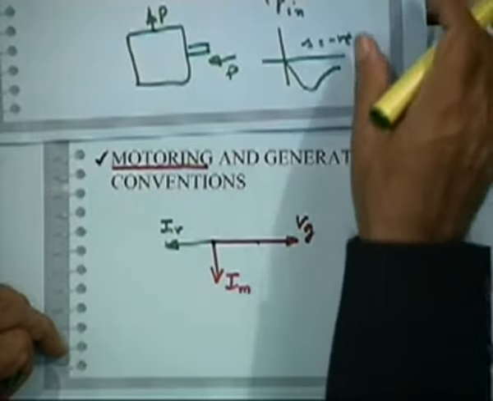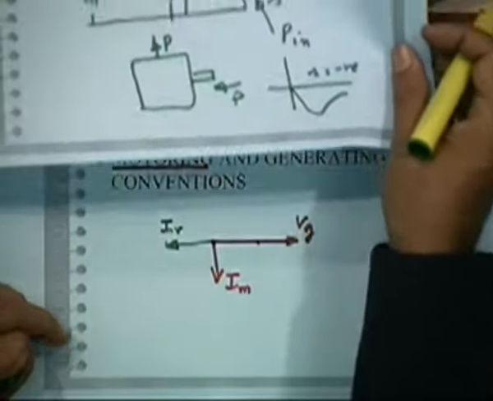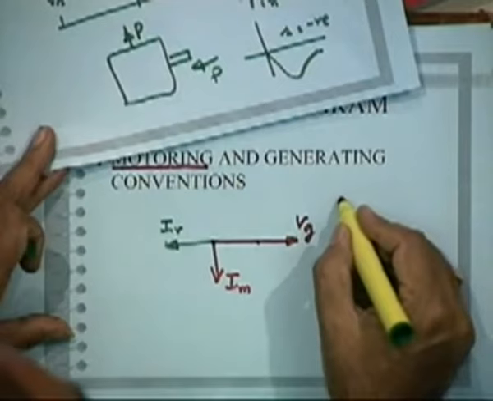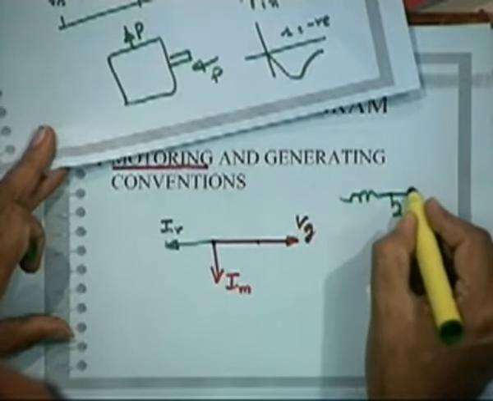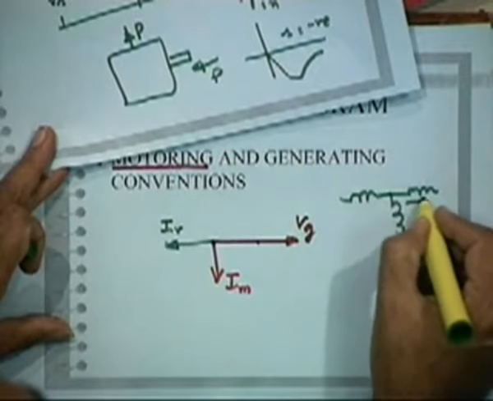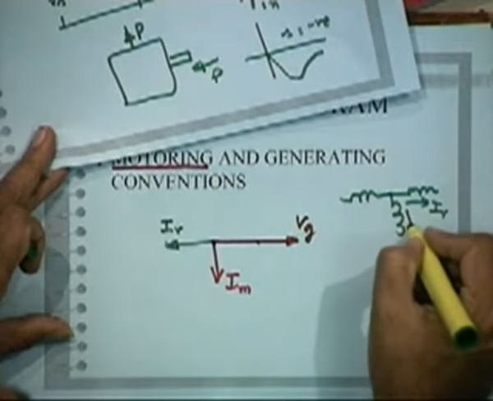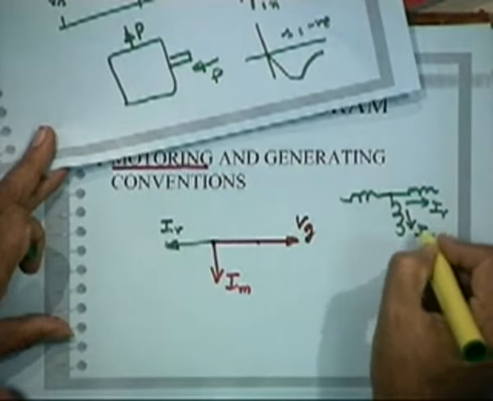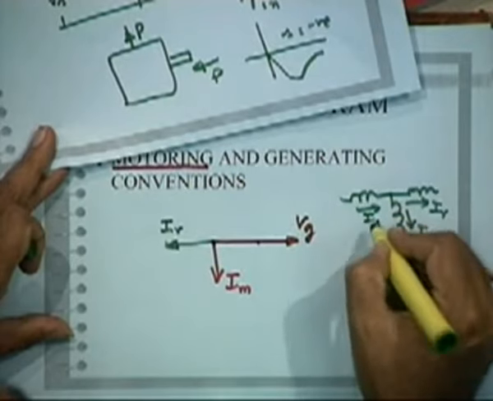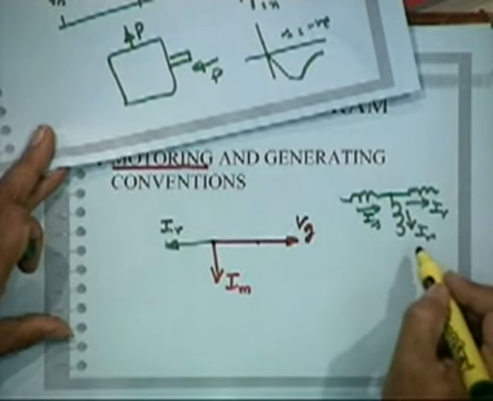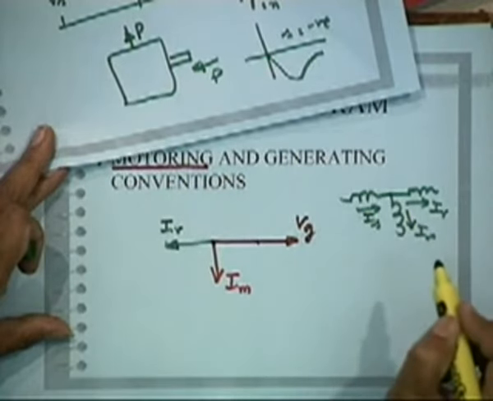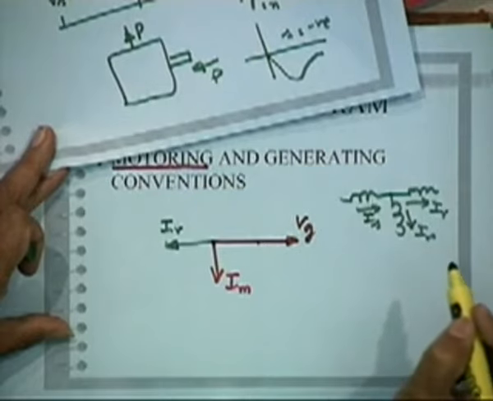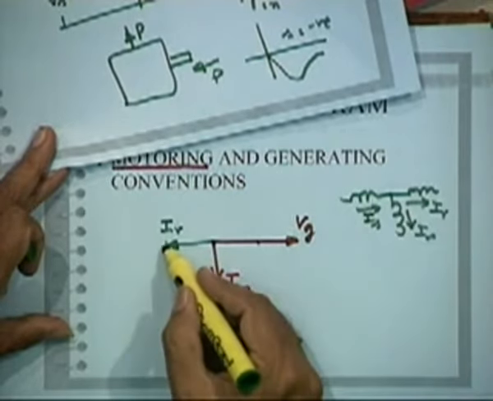Now, I have used the same conventions. So this is IR, this is IM, and this is IS. What will be IS? The sum of IM plus IR. So it will be somewhere here.